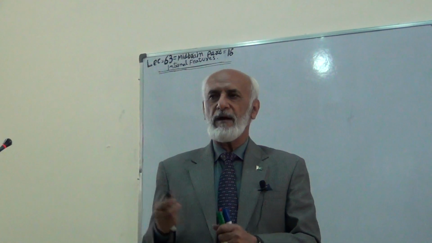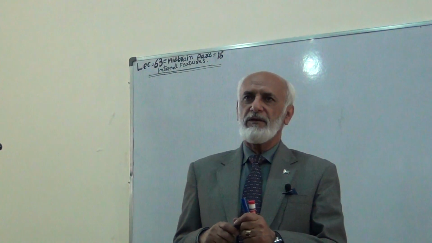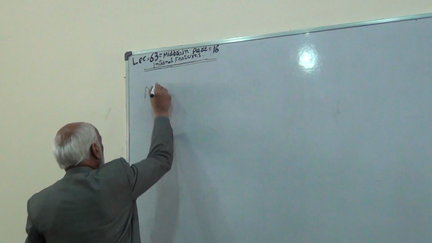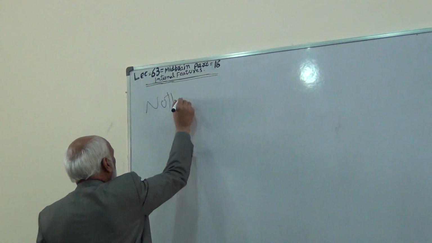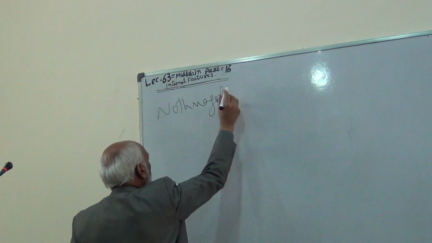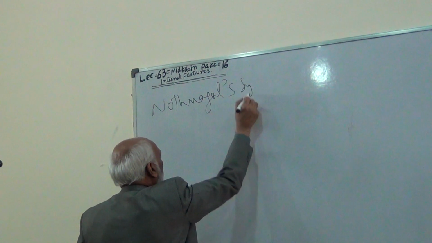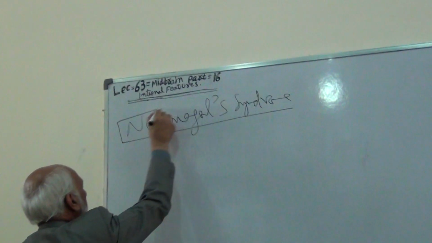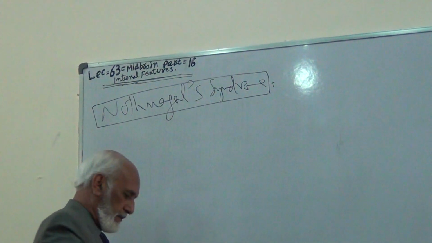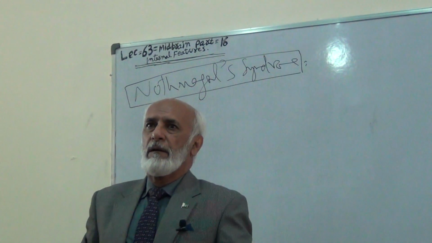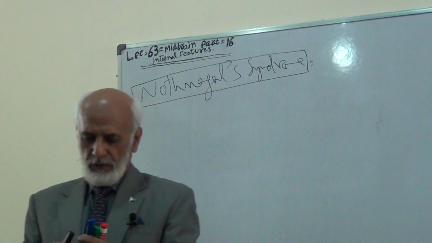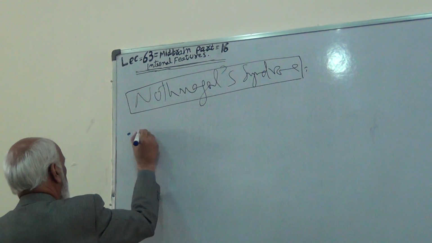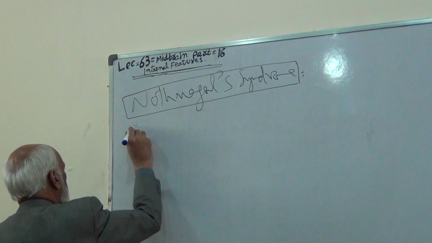The next syndrome resulting from lesion of the midbrain is Nothnagel syndrome. Nothnagel syndrome is also usually due to tumor.